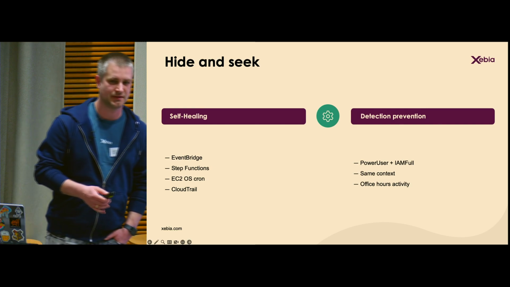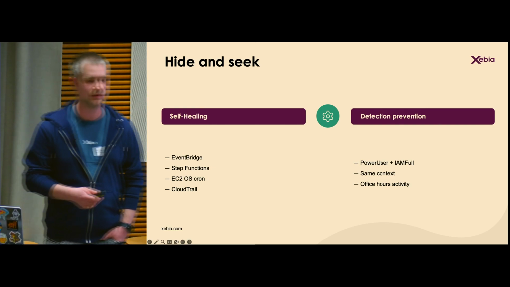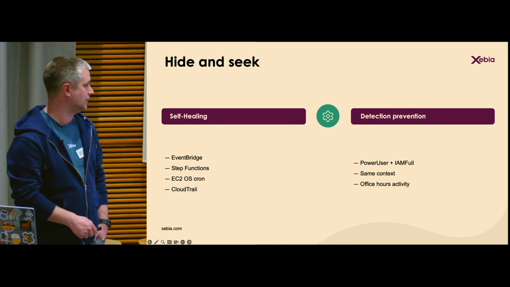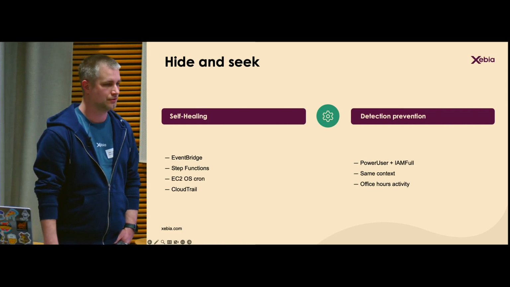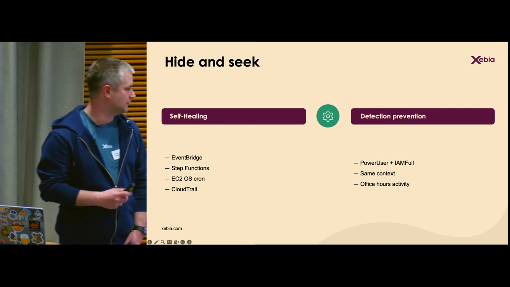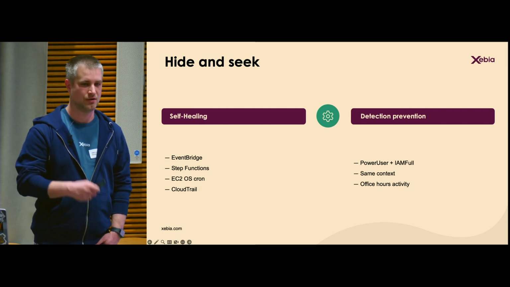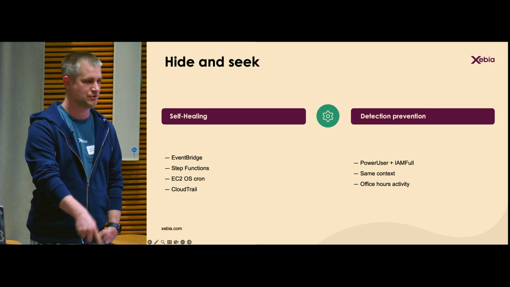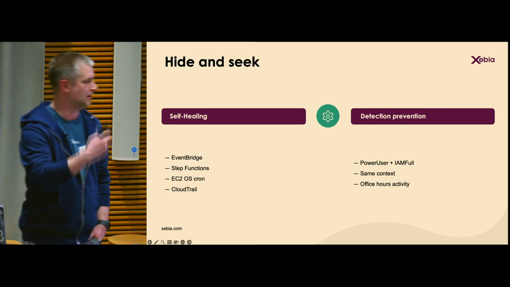For step functions, I can run step functions in a loop, running Lambda to rebuild everything. Then I can create a cron on your EC2s to also rebuild something. And with CloudTrail, CloudTrail sends logs to S3. S3 triggers Lambda. Lambda says, oh, there was a change in one of your backdoors, recreate.